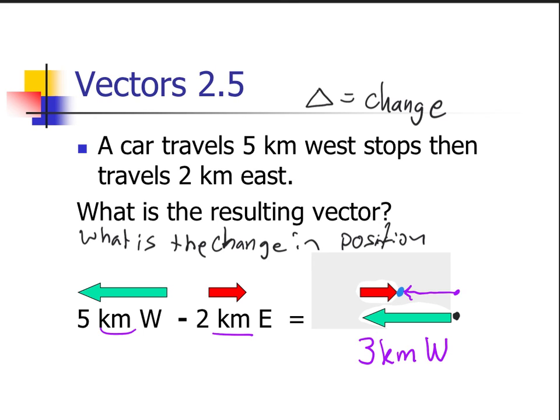Question. Would my answer be different if I added my vectors differently? Would my answer be different if I said we're going to start going east? So my start point is still going to be the black dot.